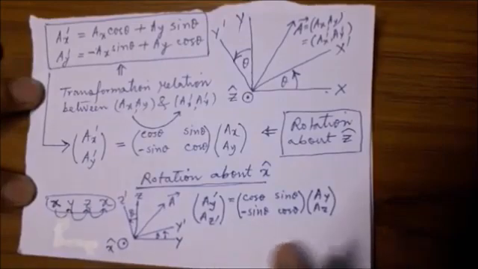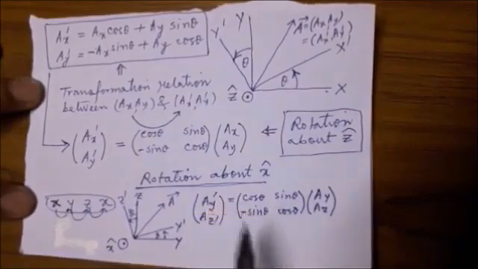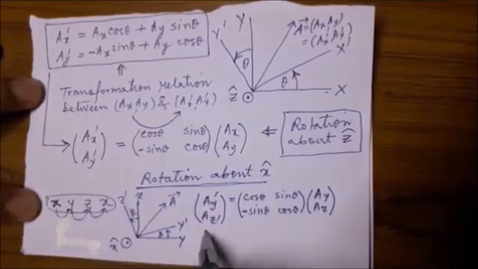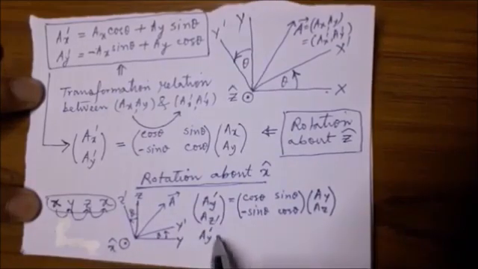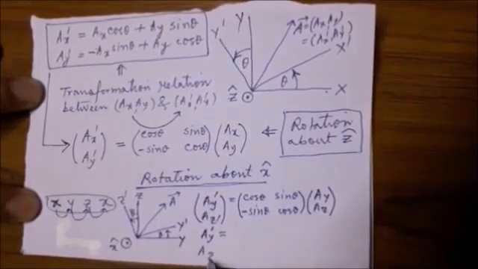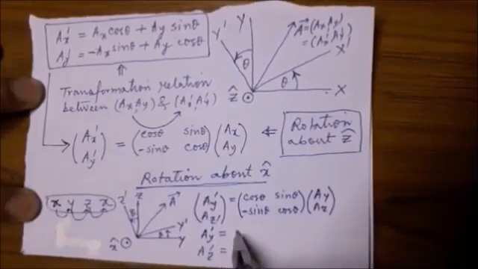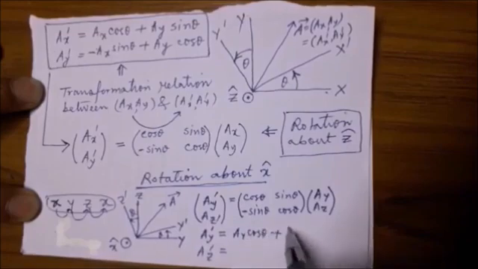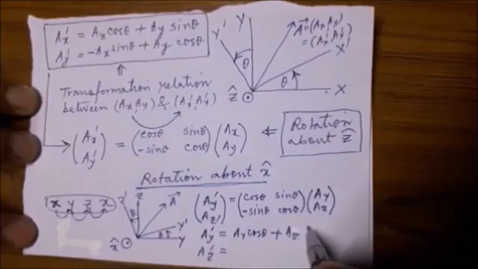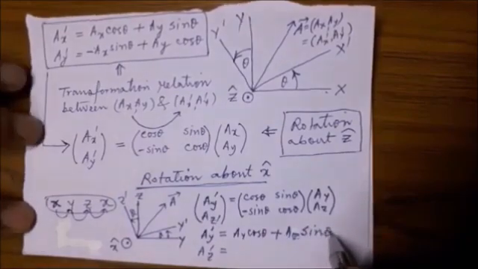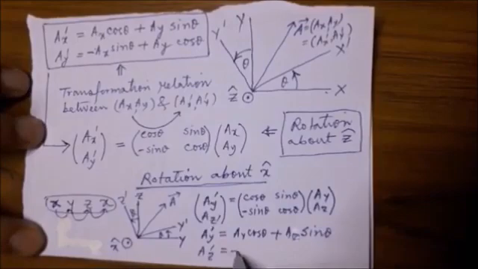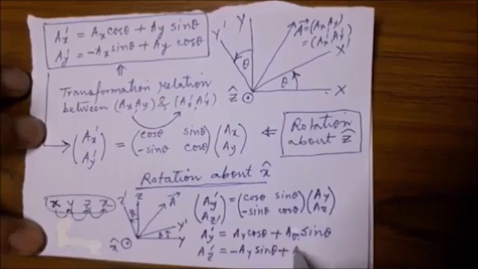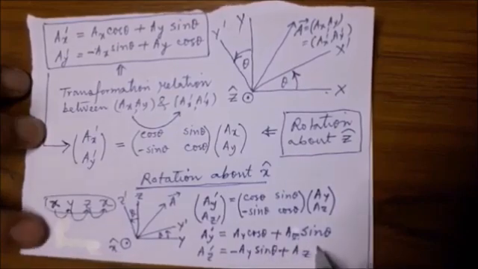So this is the transformation relation with respect to rotation about x cap, and we can also expand and write ay prime and az prime, and it will be ay cos theta, az sin theta, and az prime will be minus ay sin theta plus az cos theta.